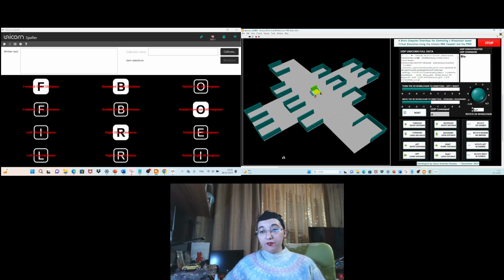Okay, so the first phase consists in the calibration of the Unicorn P300 speller board. I will choose 3 or 4 symbols for the calibration session.